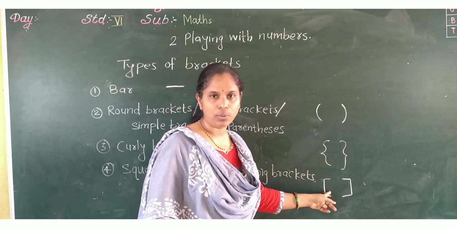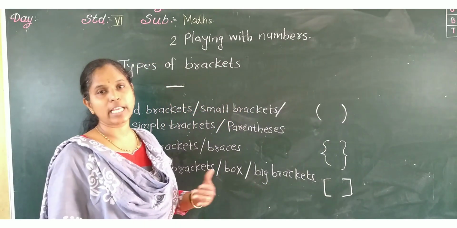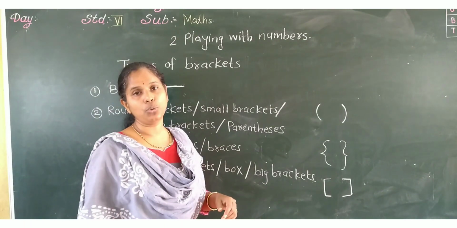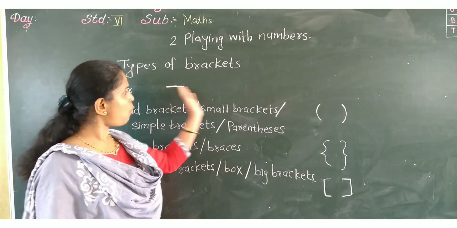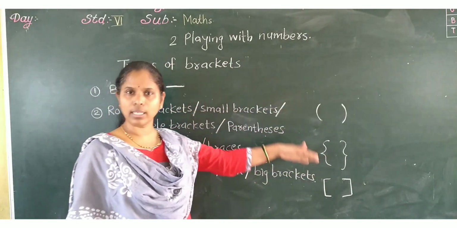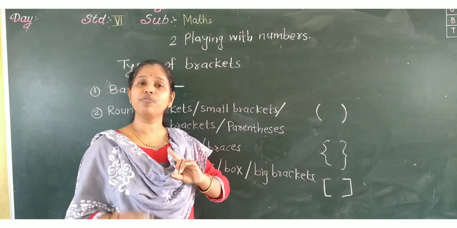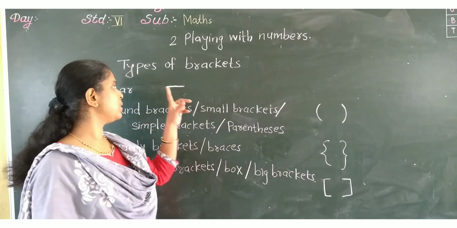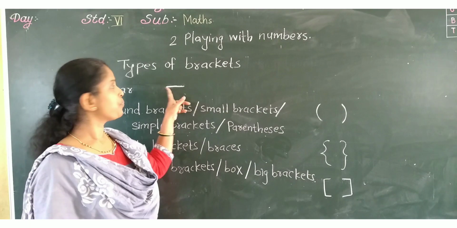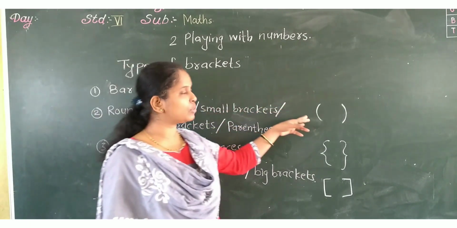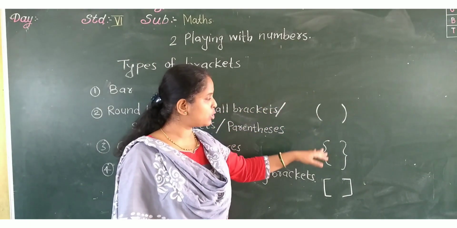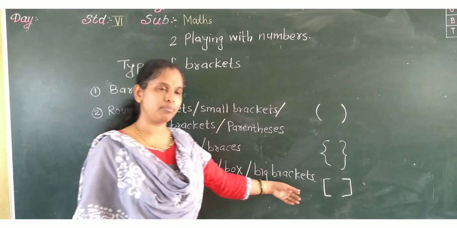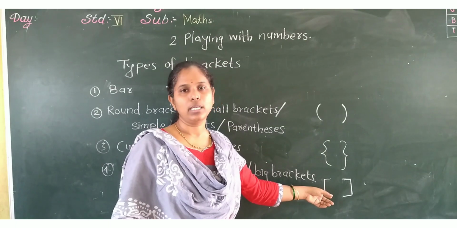this symbol. Okay. Whenever brackets are there in the expression, what do we have to do first? If all types of these brackets are there in the expression, then always the first preference we give to the bar, then solve the round bracket, then the curly bracket, and at the end we solve the big bracket, also called the square bracket.